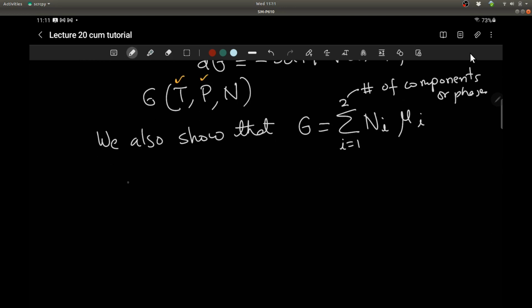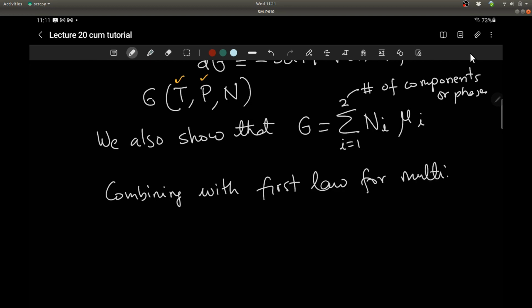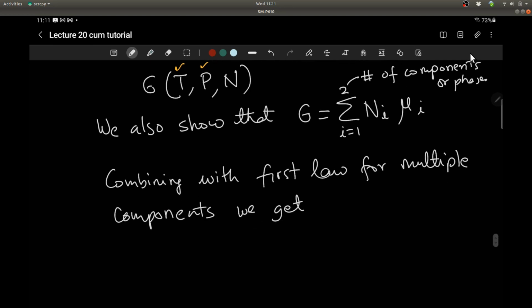I'm writing it this way. So combining with the first law for multiple components, we get dG equal to minus S dT plus V dP.